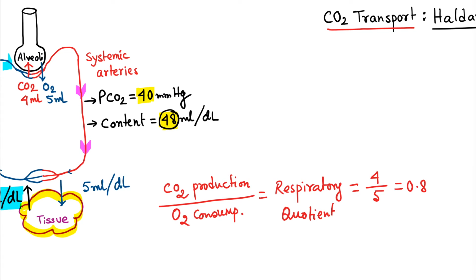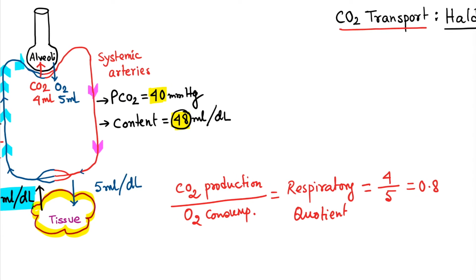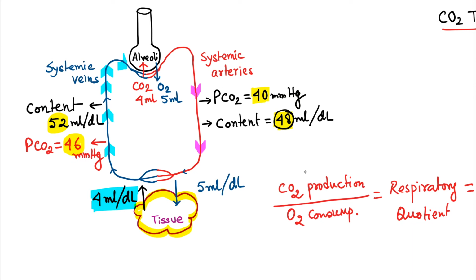I already told that under physiological condition, the same amount of carbon dioxide is delivered at the level of alveoli and the same amount of oxygen is taken up from the lung.